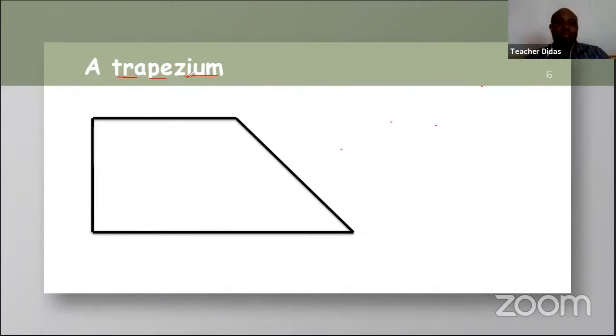Say trapezium. Trapezium. Simple like that. Tell mommy or daddy who is at home to keep practicing it because it is a new figure we are learning with P3 and others.